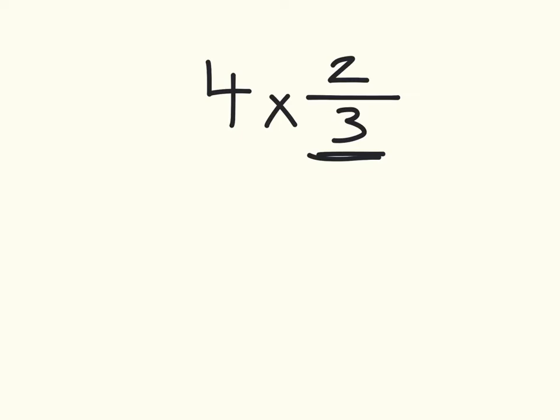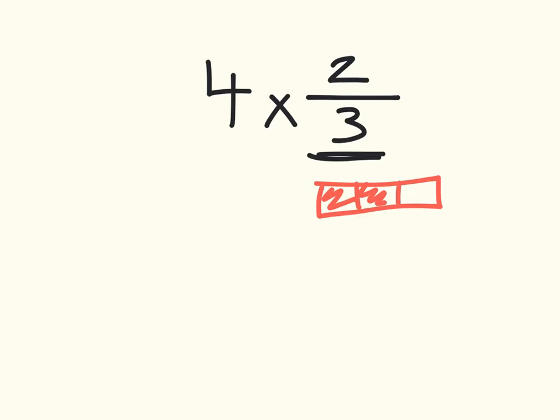So let's have a look at a different way of representing 2 thirds. I might just draw something. I'll draw it in red. So 2 thirds, if I have, actually, we've been doing lots with bars. Let's draw a bar. Divide this into thirds. It's saying that I have 2 thirds, and I need 4 groups of 2 thirds.